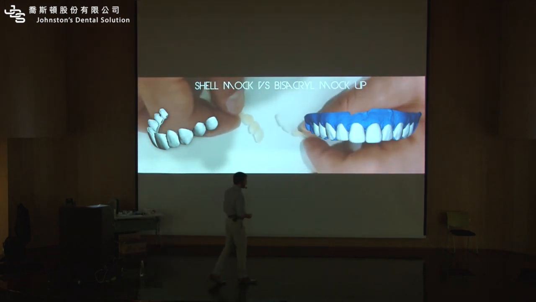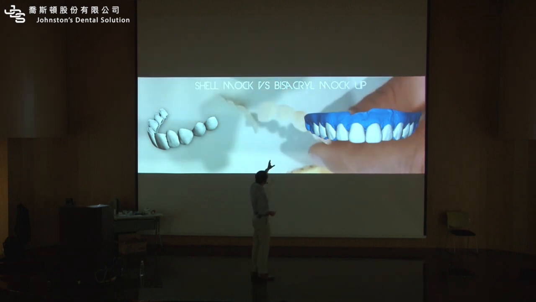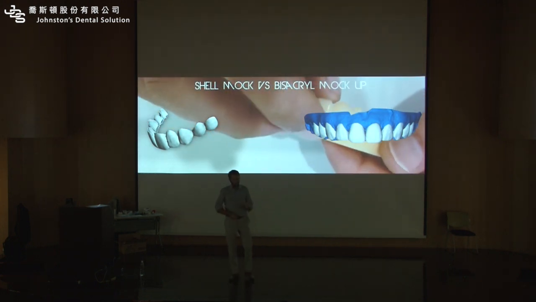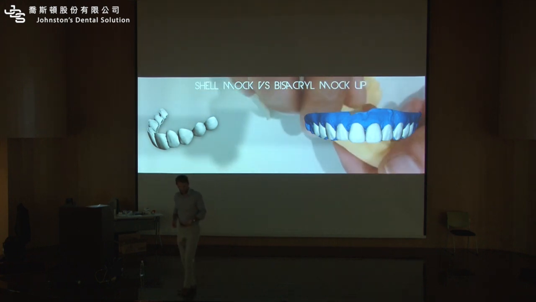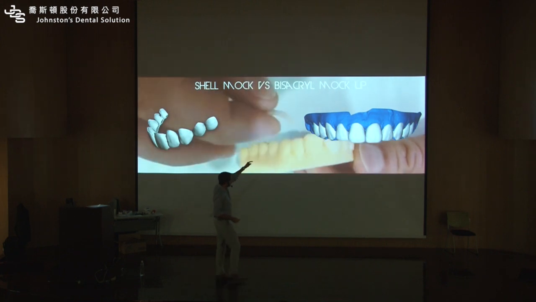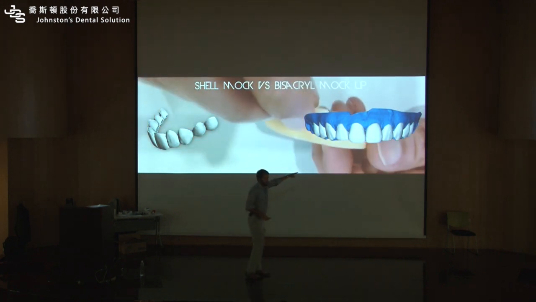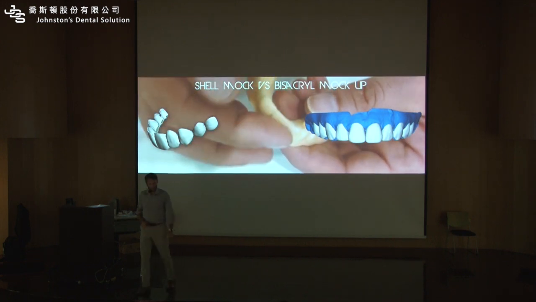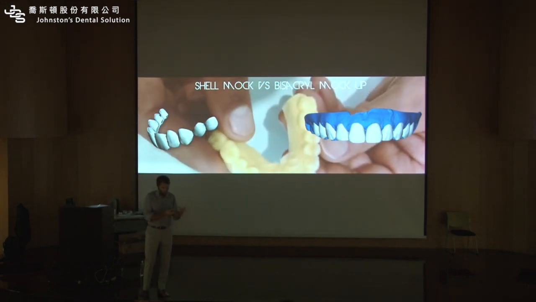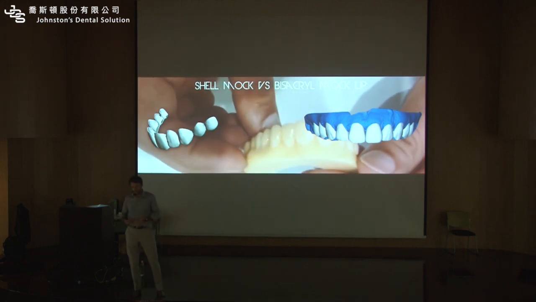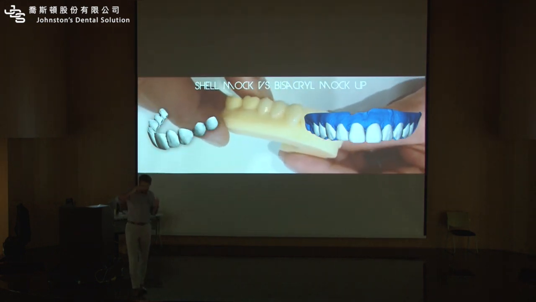Nowadays, recently, the printing companies developed and released printing materials that are tooth colored. So now instead of printing the model blue and white together, we can print the teeth directly. So we don't need the model, we don't need a silicone index, we don't need bisacryl, we don't need to wait to set, we don't need to clean the access.